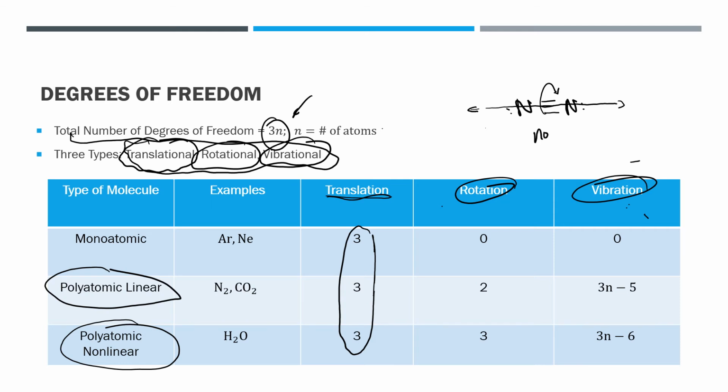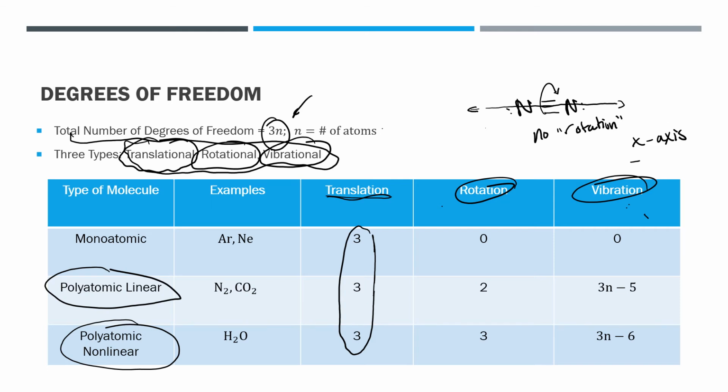So there's no rotation around the x-axis, because I'm getting the same exact thing back when I, quote unquote, rotate. If I spin this, nothing changes, so I'm not really rotating. So rotation around the x-axis is not actually a degree of freedom for a linear molecule.